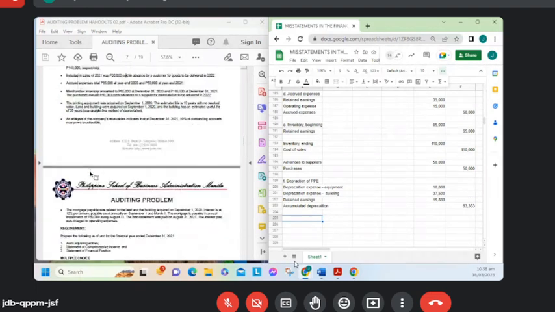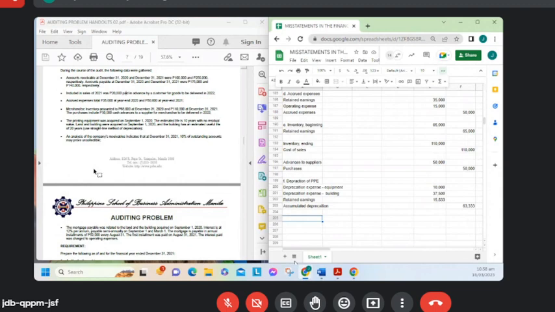accounts proved to be uncollectible. So letter G, that means 10% of allowance for doubtful accounts. So it means a debit to bad debts expense. That's 250,000 times 10%.